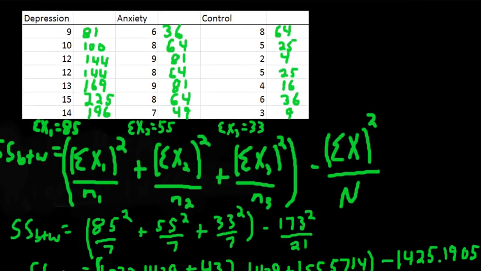So if we take all of these squared scores and then slowly add them all together, we should get 1,677.